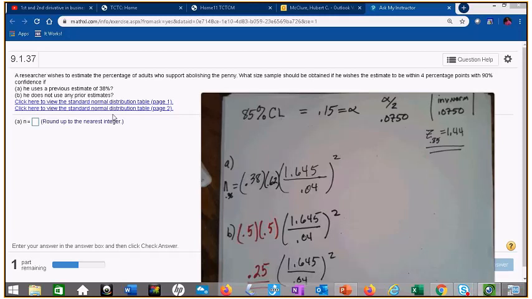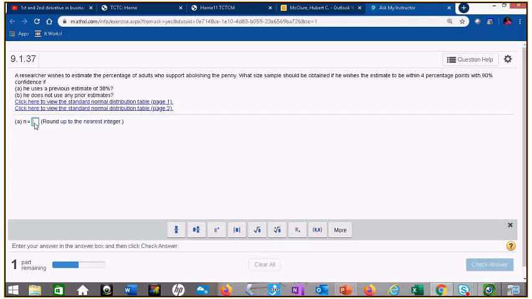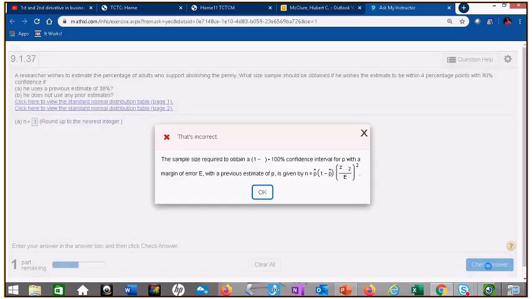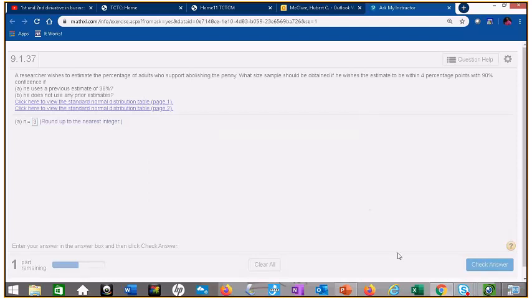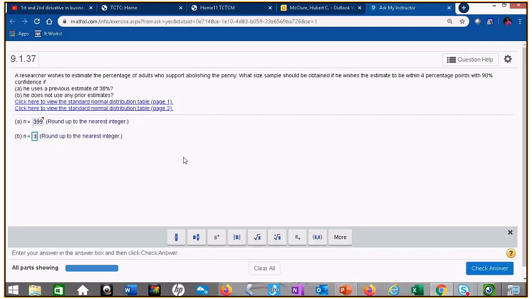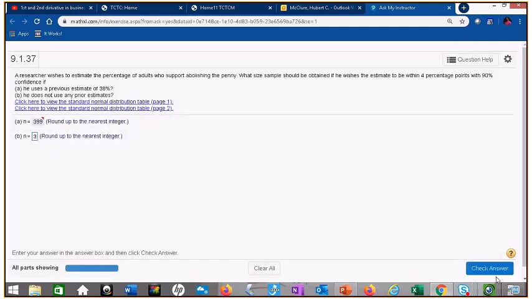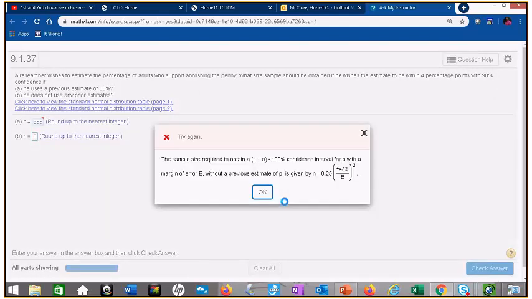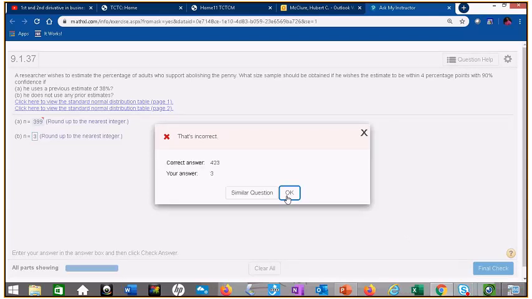Okay, so that's it. I'll go ahead and do the three for you so you can write down the answer. I'm not going to type it in. Okay, there's your first one, and there's your last one.